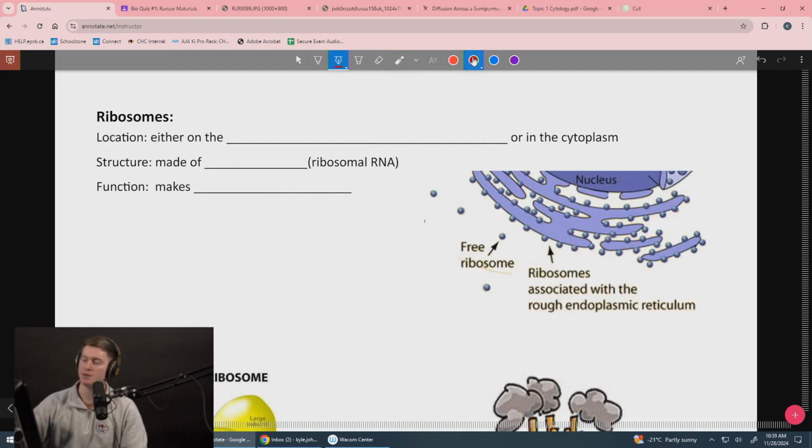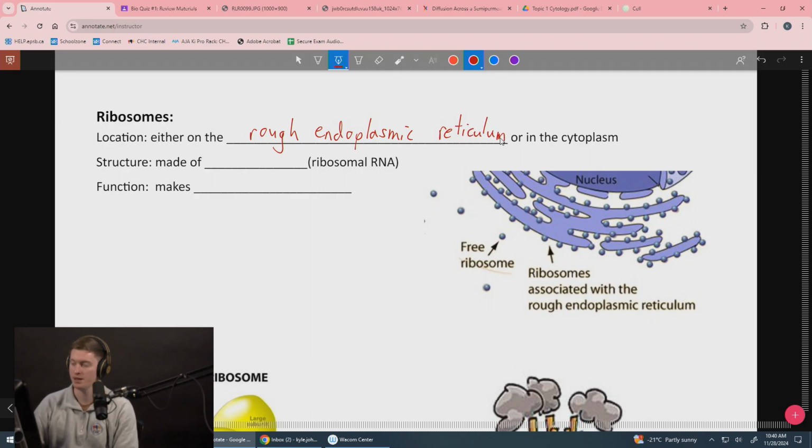Ribosomes, we've mentioned them twice now. Ribosomes are made in the nucleolus. They're embedded in the rough endoplasmic reticulum, but they can also be floating around in the cytoplasm. So their location is either on the rough endoplasmic reticulum or in the cytoplasm.